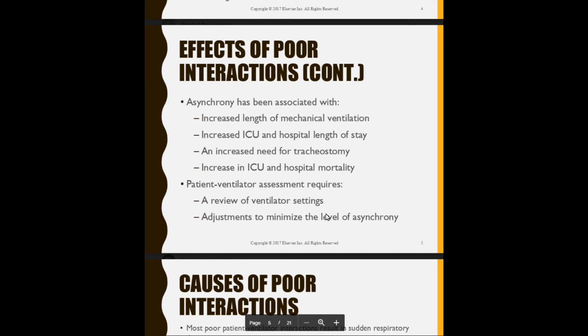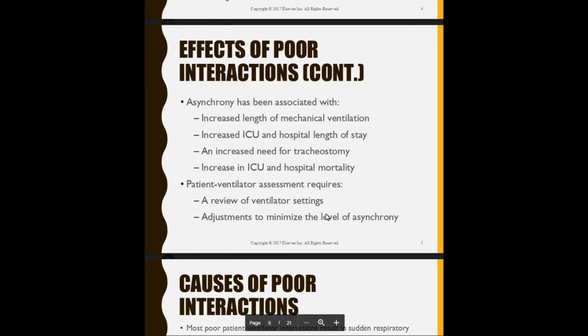Okay, and then again, increase in ICU and hospital mortality. If we're not meeting the ventilatory demand of the patient, that CO2 is not going down. That's going to wreak havoc on the body, and the higher the CO2 is, or the more time that the CO2 stays within the body, the more toxic it is to the patient and may possibly cause the patient to pass away.